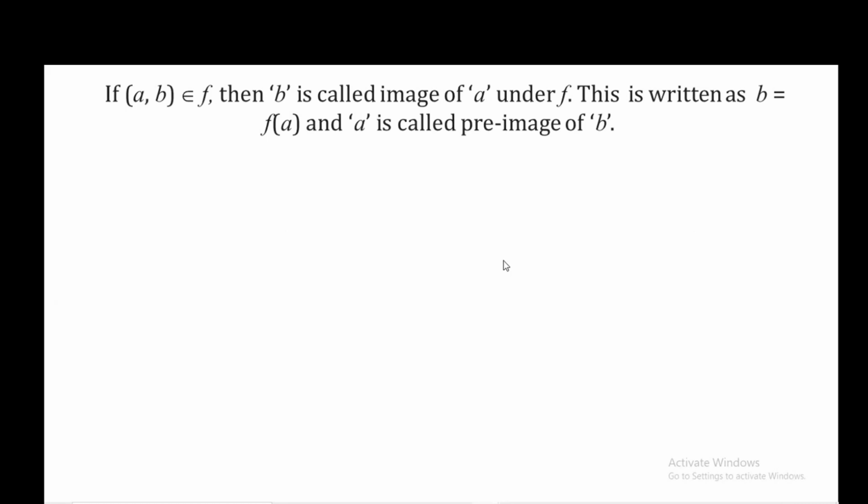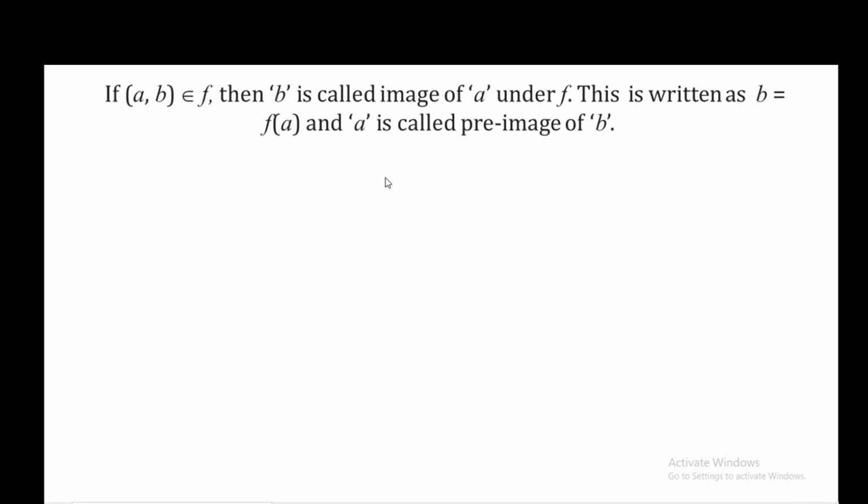If (a, b) belongs to f, then b is called the image of a under f. This can be written as b equals f of a, and a is called the pre-image of b.